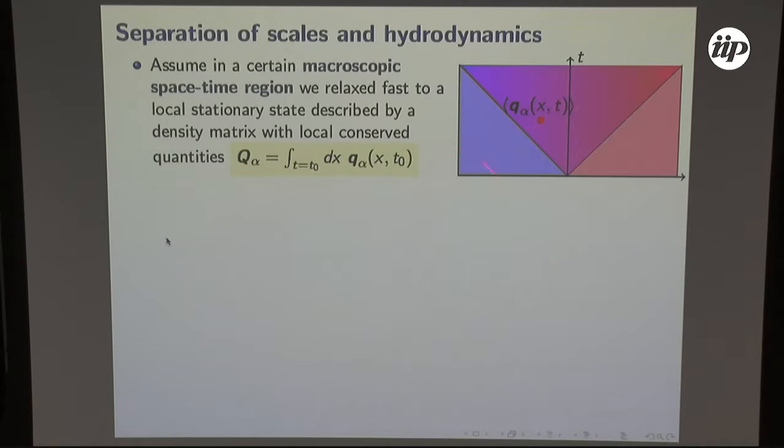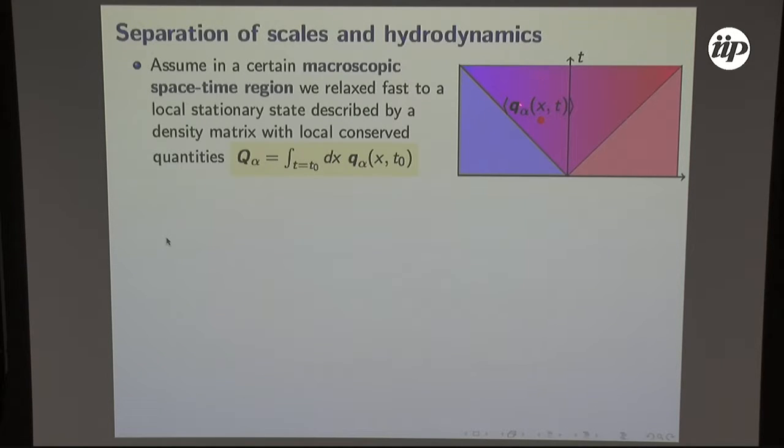The basic assumption of hydrodynamics is that if you have an inhomogeneous system like this, in the space-time diagram there are regions which are macroscopically big, but small compared to the system itself, where you achieve local thermalization. Here you can think of having some stationary distribution of, for example, quasi-particle occupation numbers, like in the case of free fermions, like on the slides that I showed.